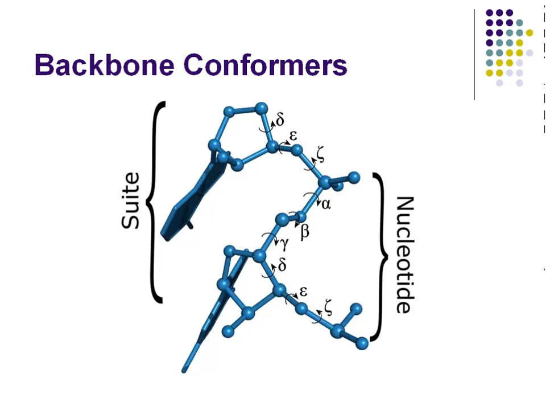For one suite, you get approximate values for delta, epsilon, zeta, alpha, beta, gamma, and the next delta torsion. You'll see that there are 2 delta torsions per suite. The main important thing is that 2 adjacent suites overlap in their central sugar. Here's one suite, and this sugar is also contained in the next suite. The next suite starts here and contains the second half of this nucleotide with the first half of the next nucleotide.